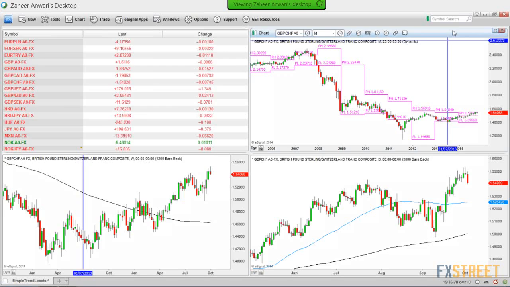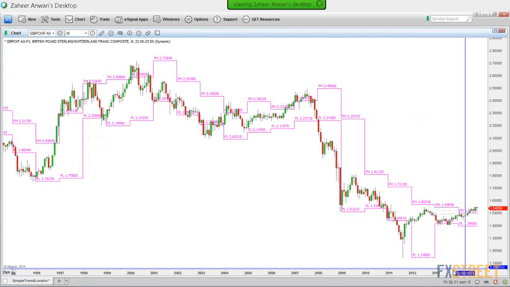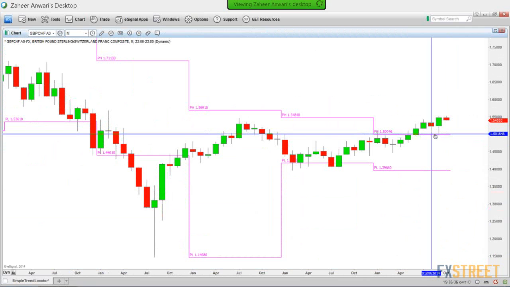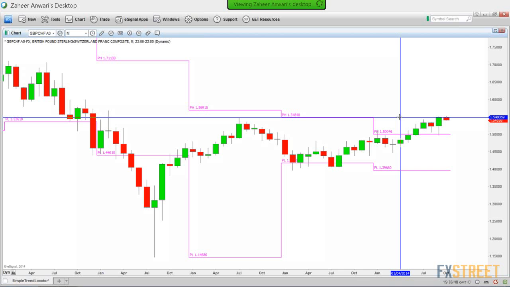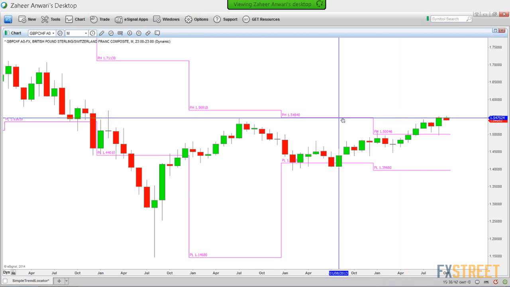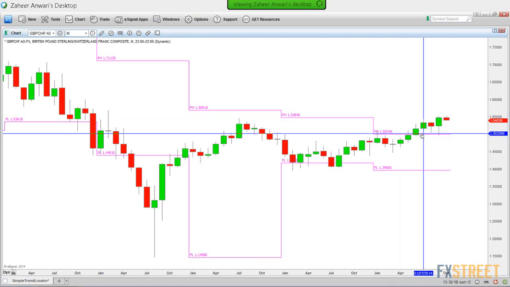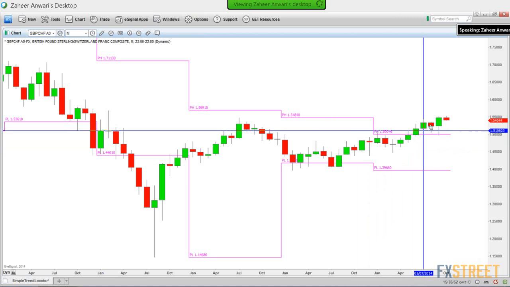Well, what we can see is that price is trading, if I just expand this, above the pink line, the high of 2013. So this is a support level. And it's stuck between the resistance, which is the high of 2012. So price is just stuck between support and resistance. So for now, there's no clear trend direction on this. However, we can see that the trend is creeping up.